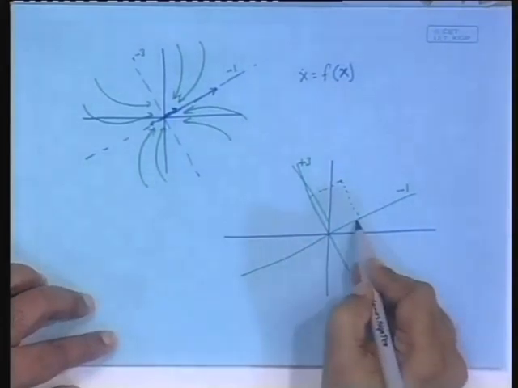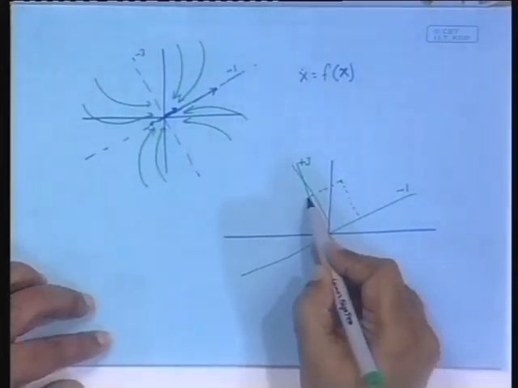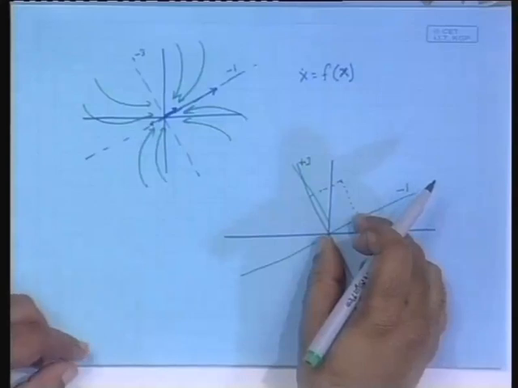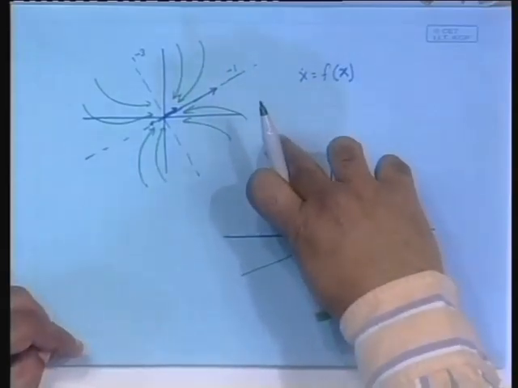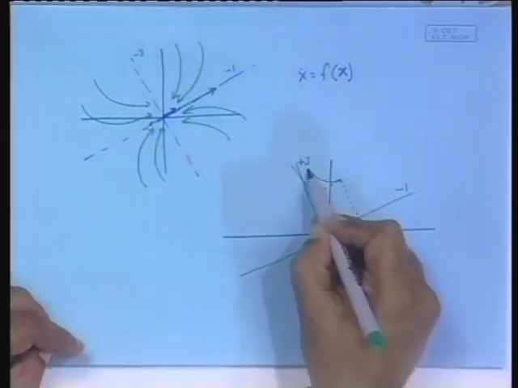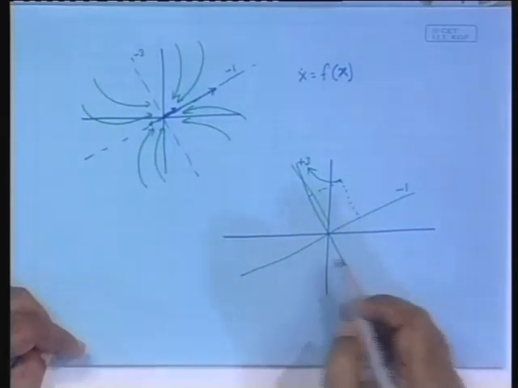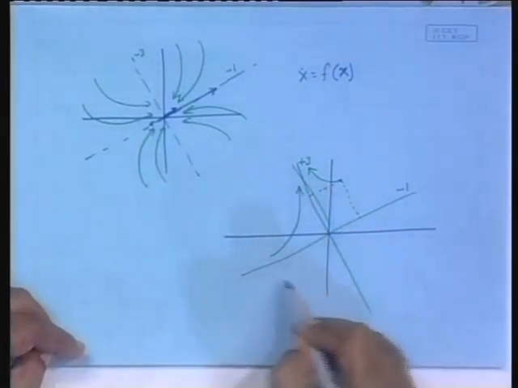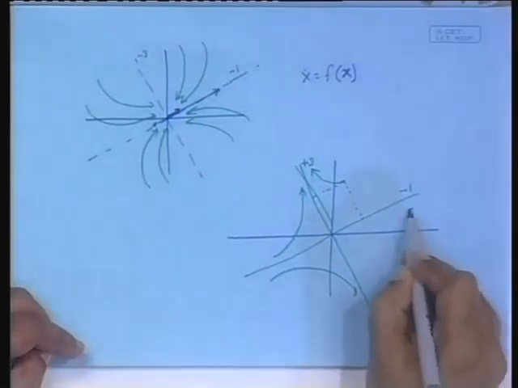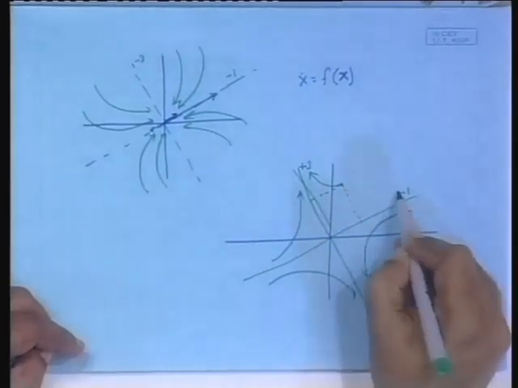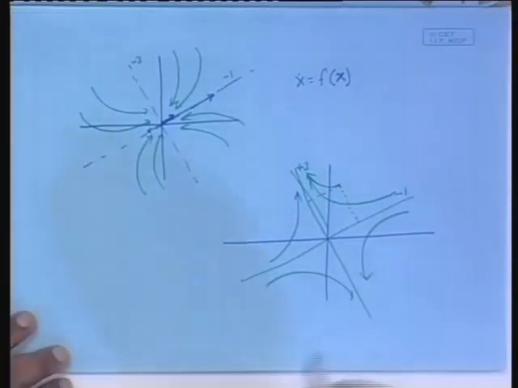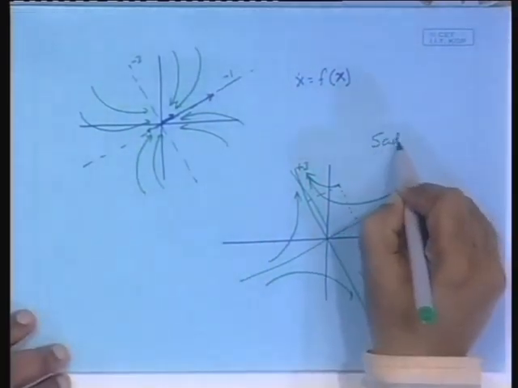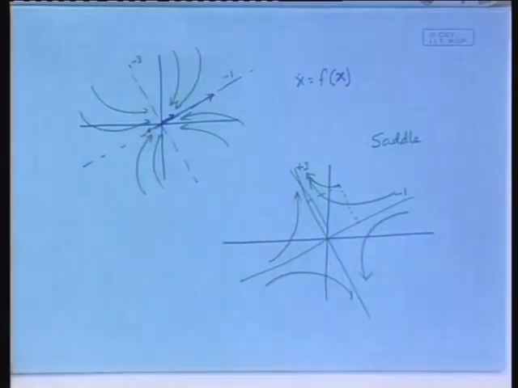So here is one component, here is another component, and this component will reduce, and this component will increase. So this fellow will go like this. Similarly, any initial condition here will go like that, and that is the character of the vector field here. And we said that that goes by the name of a saddle. So, we start from there.